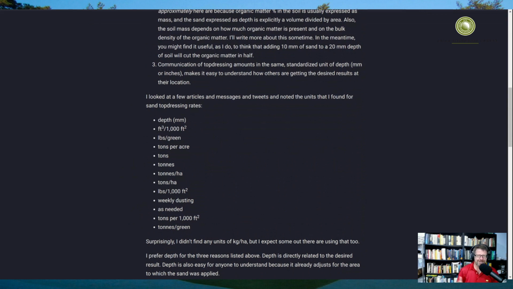So I guess that's my case for saying let's do it as a depth, because if you express the sand as a depth, you already have had to consider how much area it was applied over.